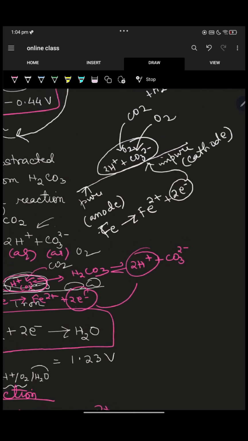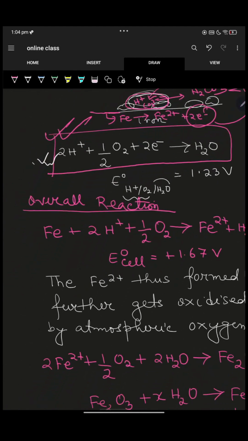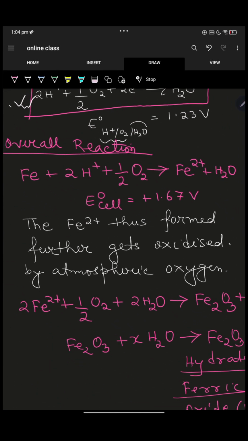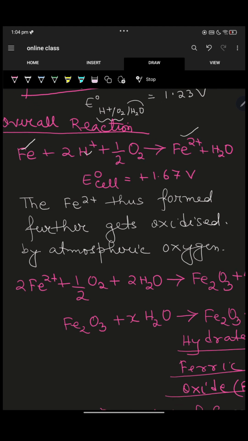So this is what is taking place here, right? So hence it is a redox reaction. It is an electrochemical process, and the overall cell reaction is Fe forming Fe2+, with 2H+ in the presence of half O2 giving you H2O, and this is the E0 cell for the overall reaction.